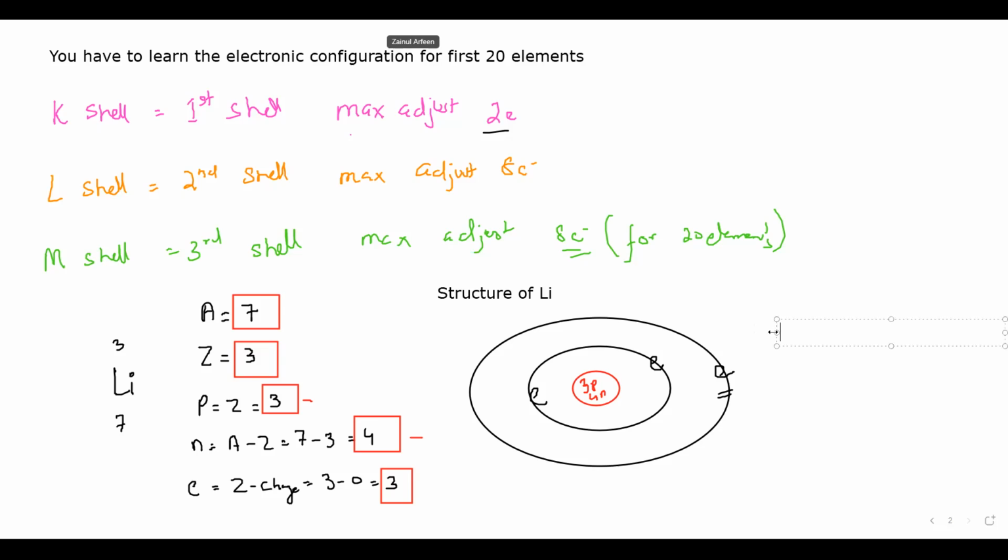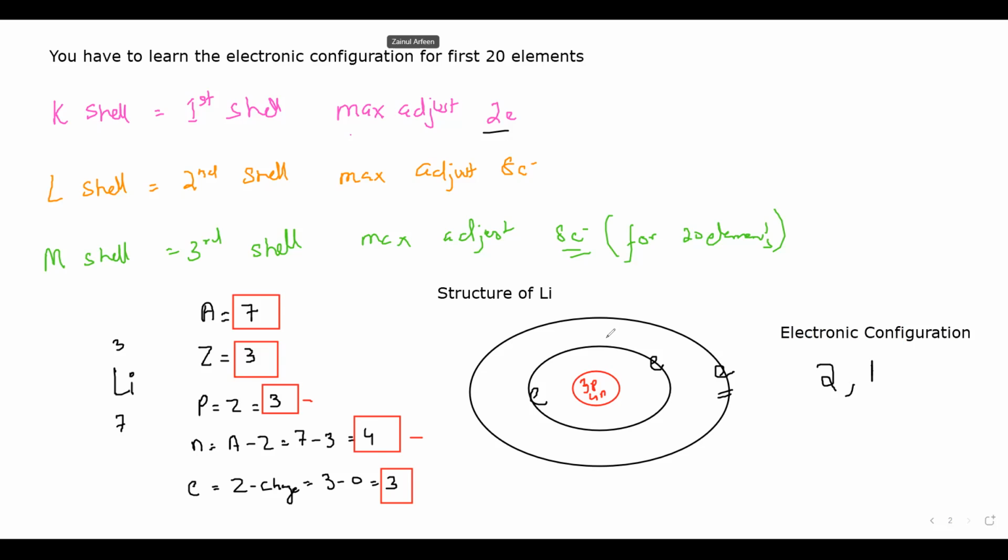And what is the electronic configuration? Electronic configuration shows how many electrons are there in each shell. In the first shell we have 2 electrons, and in the second shell we have only 1 electron. So it will be 2, 1.